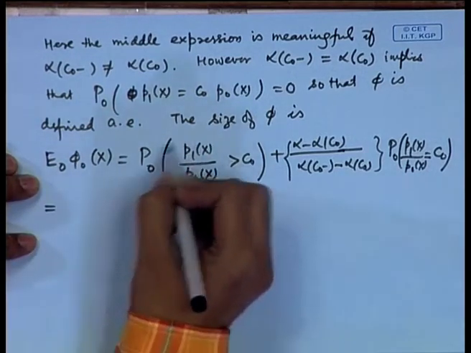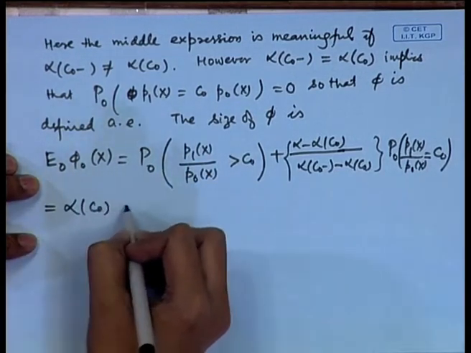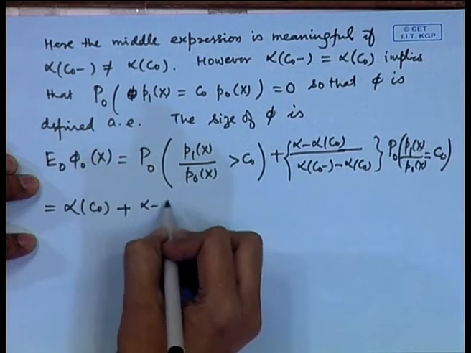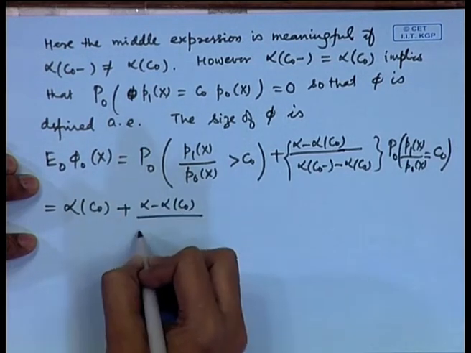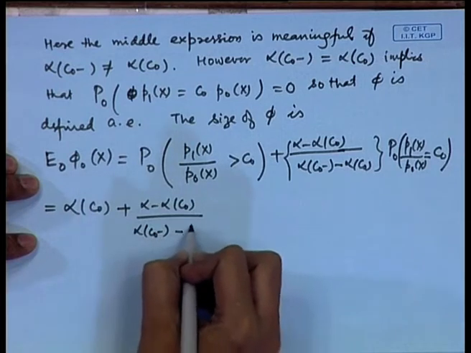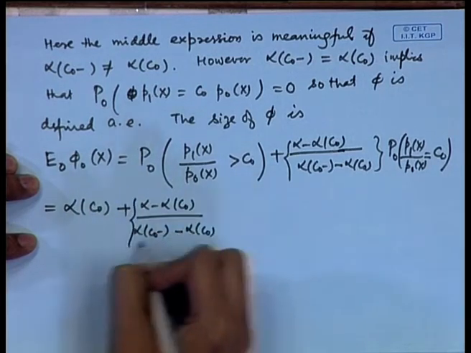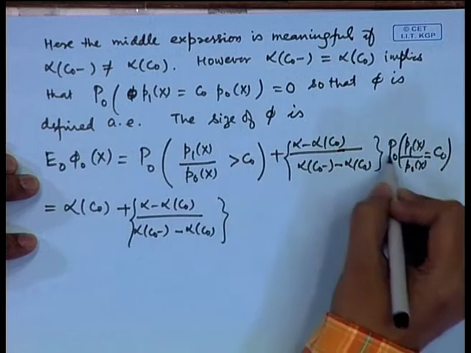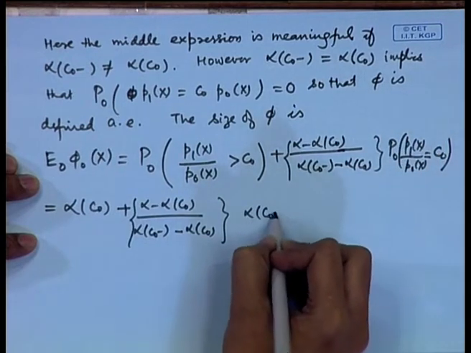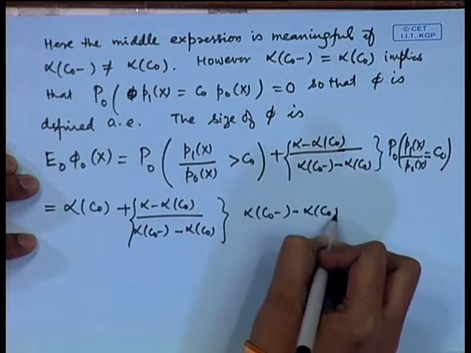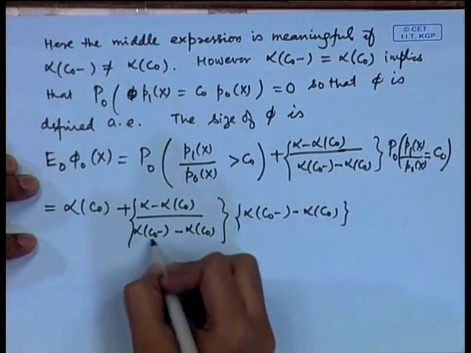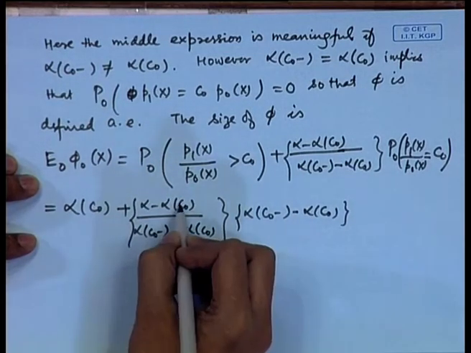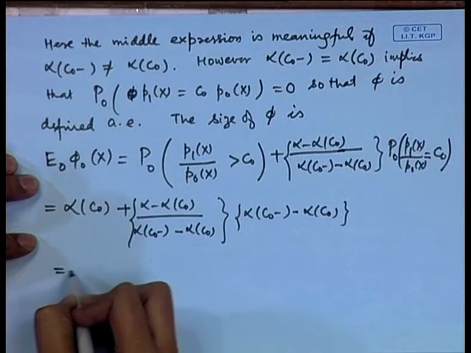So, by the definition here, this is alpha C naught plus alpha minus alpha C naught divided by alpha C naught minus alpha C naught, and this value is again alpha C naught minus alpha C naught. So, this term cancels with this and this cancels with this. So, this is actually reducing to alpha.